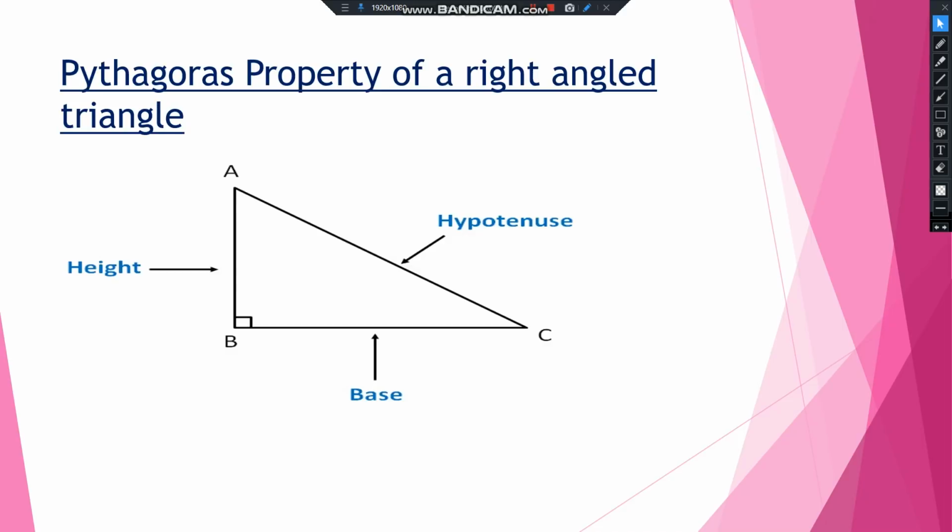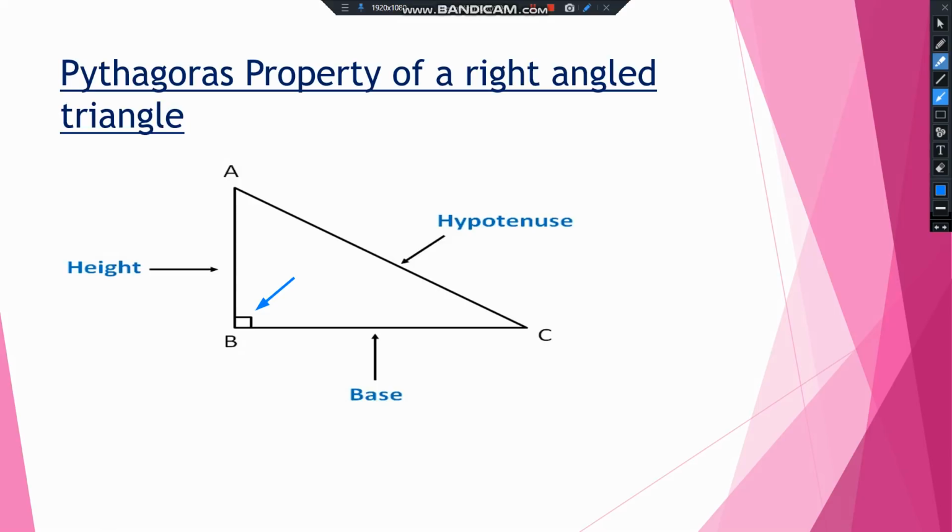Here you can see a triangle in which one angle is given a right angle, that is 90 degree. So in a triangle, if an angle is a right angle, then it's called a right angle triangle.